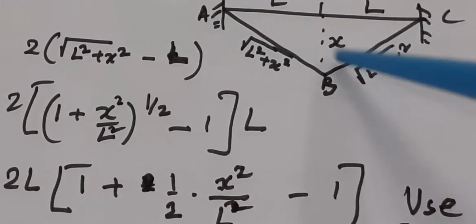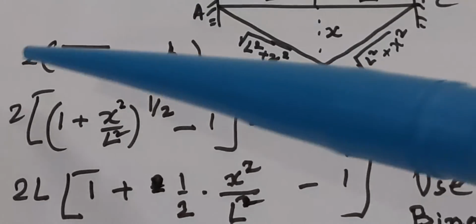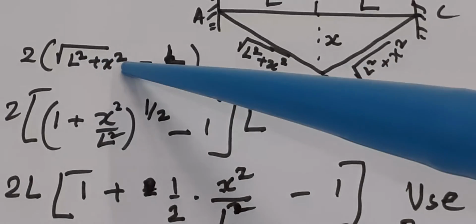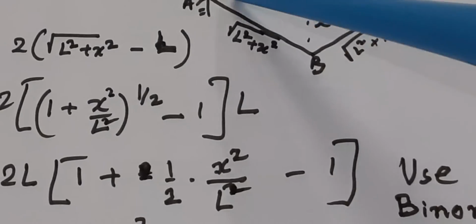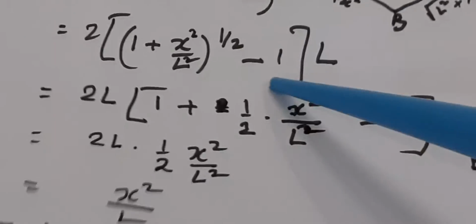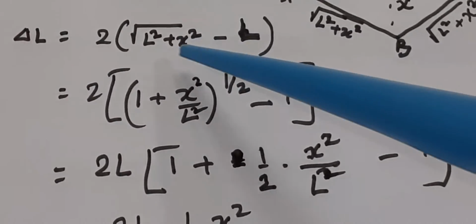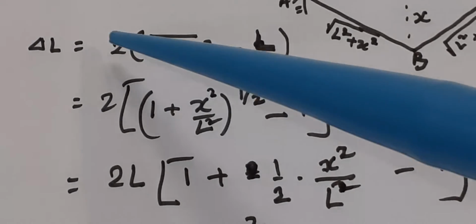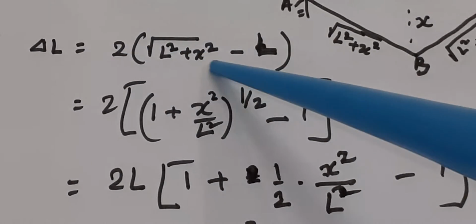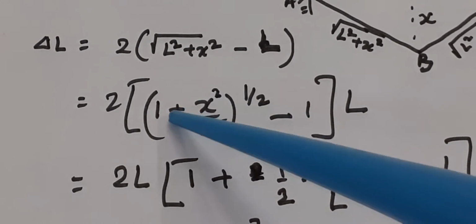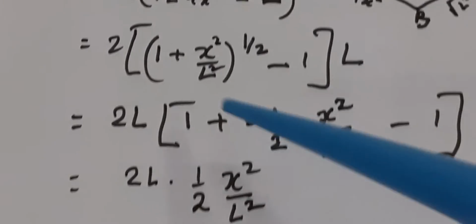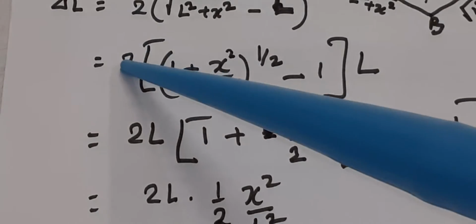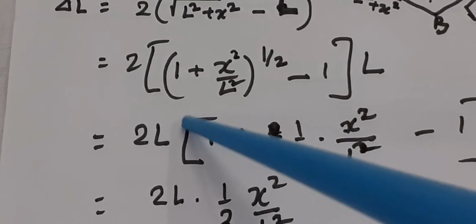Now here total length will be 2 times this length, root under L square plus x square, and minus twice L initial length, that will give the delta L. Now from here just take out L square common, then one L will come outside, and this formation will take place: 1 plus x square by L square whole to the power half. Use binomial. Now outside twice L will be there within bracket.